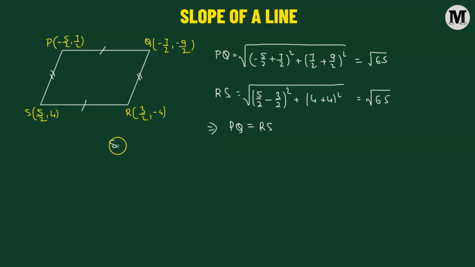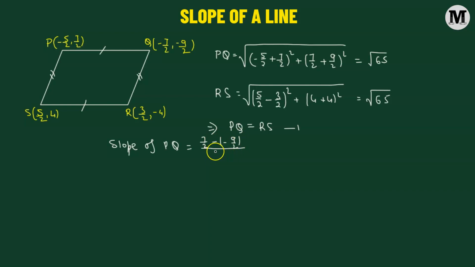Let's name this as number 1. Now we'll find the slope of side PQ. To find the slope, we take the ratio: in the numerator we take the difference of the y coordinates. We start with the y coordinate of P, that's 7/2, and from it we subtract the y coordinate of Q, that's -9/2.